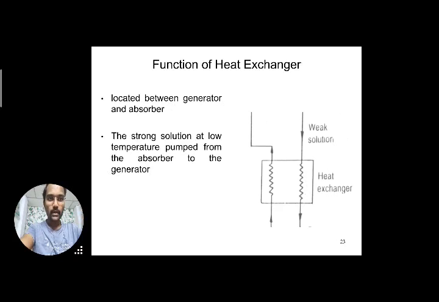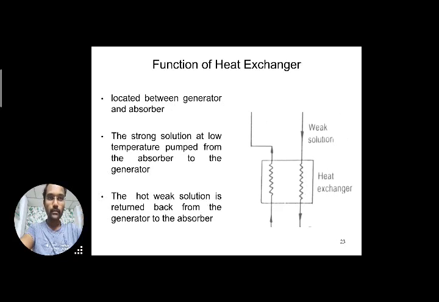Okay, next, the hot weak solution is returned back from the generator. Whatever the weak solution is, it has more water and less ammonia in it. So that hot weak solution is returned from the generator to the absorber component.